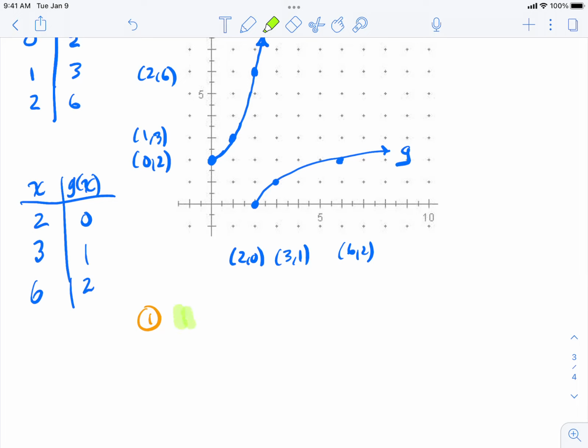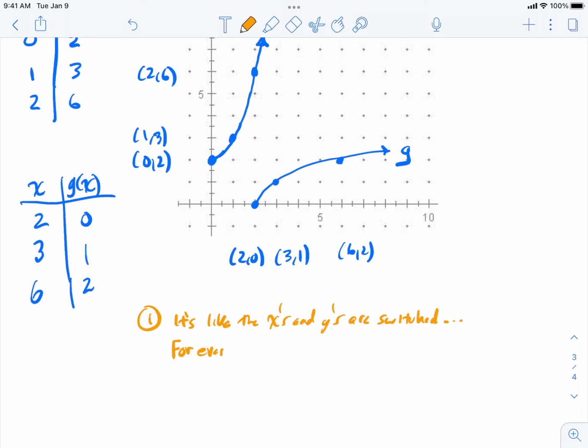Maybe I'll say with a pen, it's like the x's and y's are switched. Now, if I want to say that more formally, you'd say it like this.